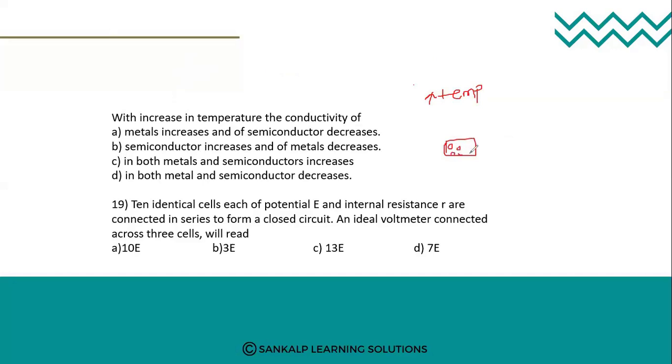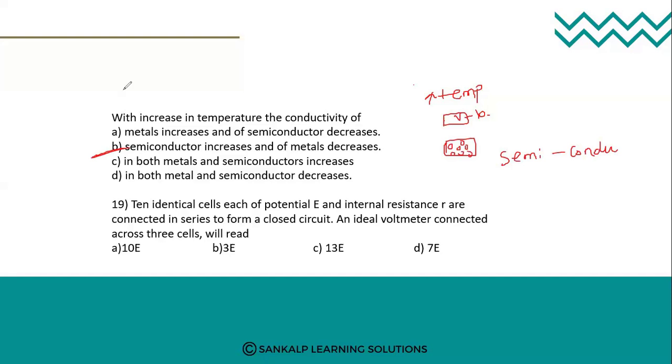The electrons jump to the conduction band, and when they jump, it increases the conductivity. So for semiconductors, the conductivity increases when you increase the temperature. Therefore option B is the right answer.